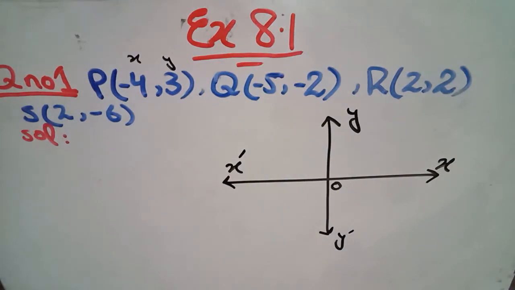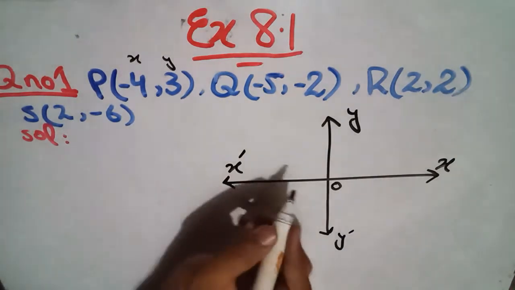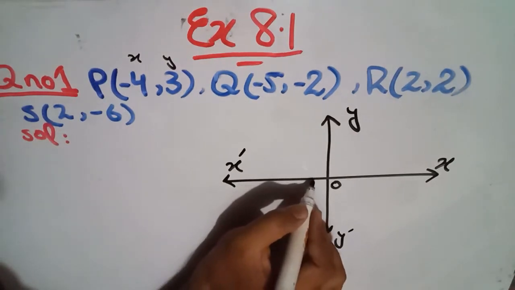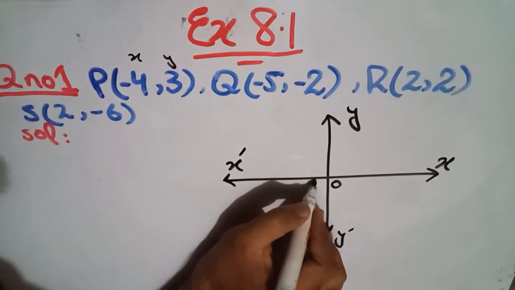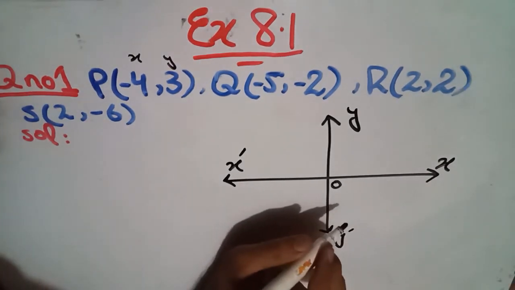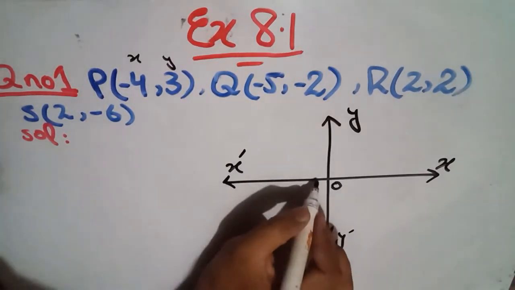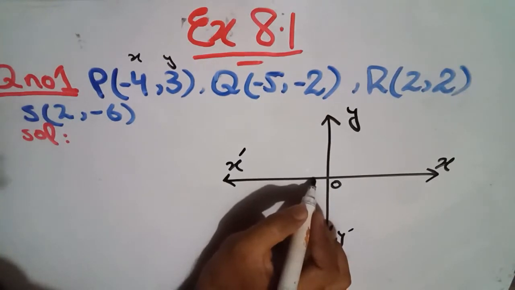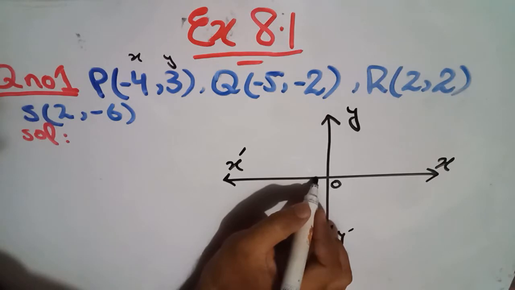Okay, so there is -4 and 3. So in the left side you will draw the 4 points. You can use the graph paper, but I am telling you on the board you can also use the graph paper. There are some blocks, and you can just mention the block by counting the number.